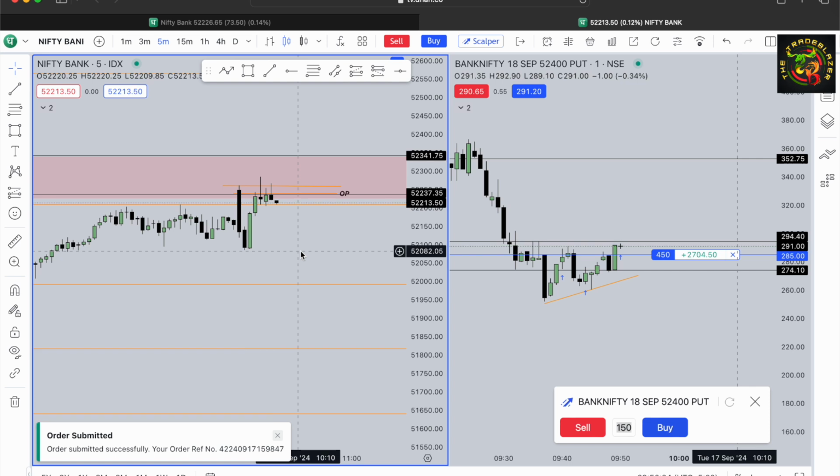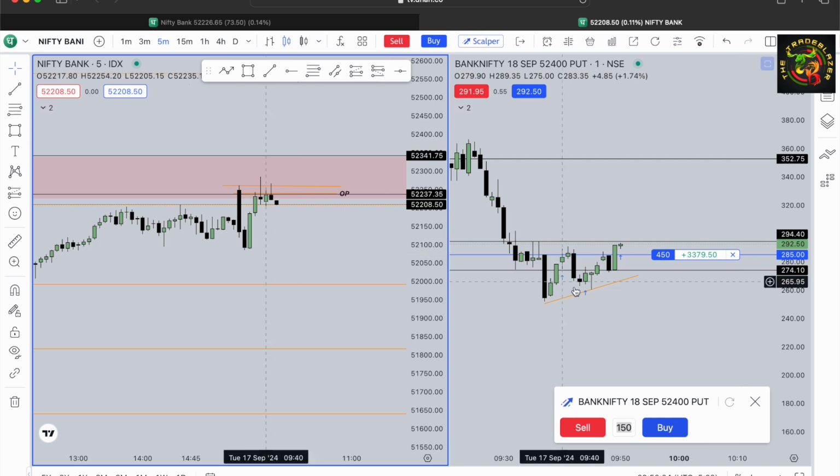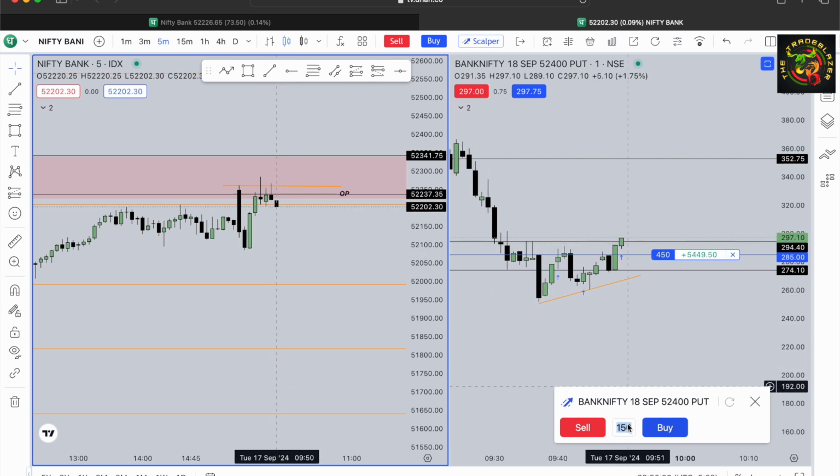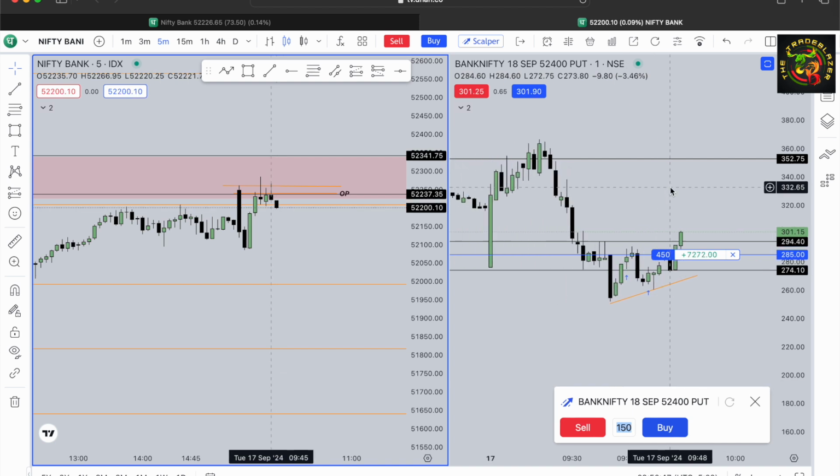That means we did the pyramiding this time, and earlier we did the averaging. Since I'm thinking that it's not going to give us an opportunity to enter at a lower price, I'm adding quantity to the winning position. That means we are doing the pyramiding as well.